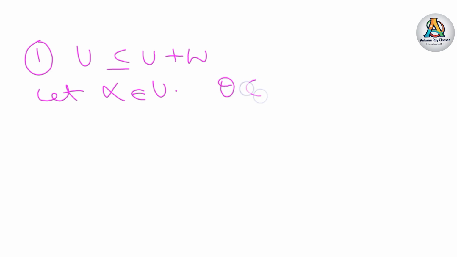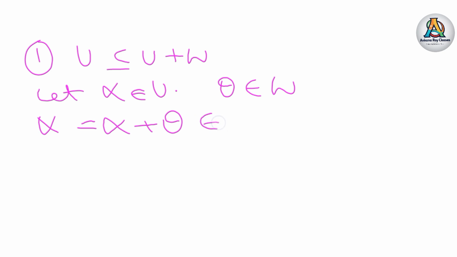Now, U is a subset of U plus W. Why? Let alpha belong to U. Since W is a subspace, theta also belongs to W, where theta is the zero element. Alpha is equal to alpha plus theta.